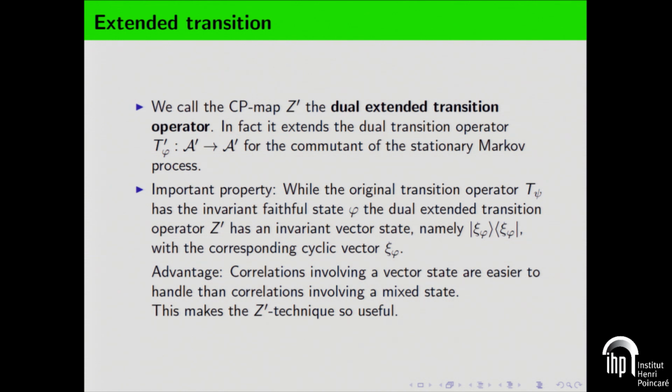Yeah? And this is a huge advantage in these constructions, because correlations involving vector states are easier to handle than correlations involving a mixed state. I think this is the main reason why this technique of introducing Z prime is useful.